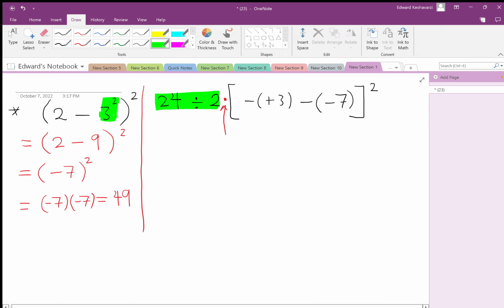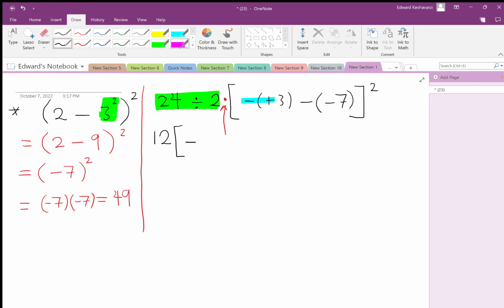So therefore, first thing that we do is 24 divided by 2. Obviously, half of 24 would be 12. So this is why we do 12, then times. Also, we know that when we have two signs next to each other, it's confusing and we need to reduce them to 1. So negative positive is going to be negative.